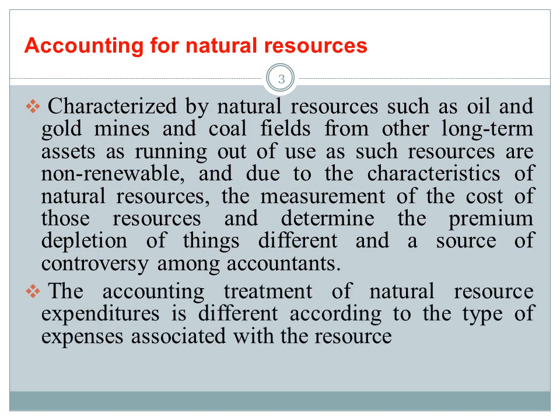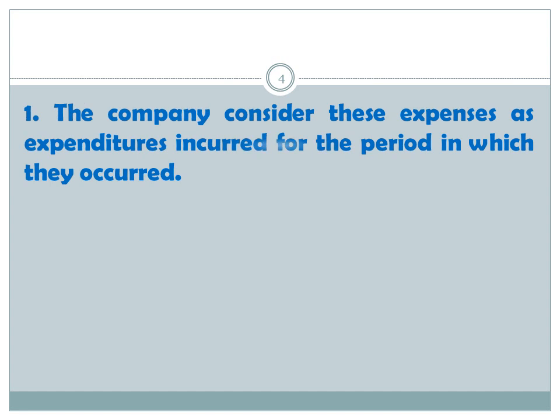The accounting treatment of natural resource expenditures differs according to the type of expenses associated with the resource. The company considers these expenses as expenditure incurred for the period in which they occurred.